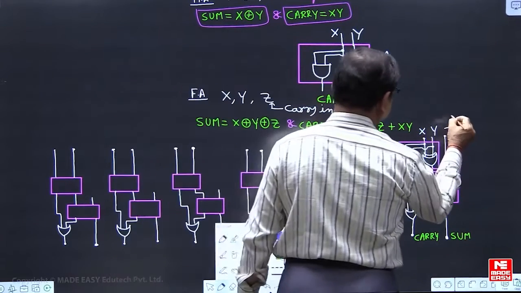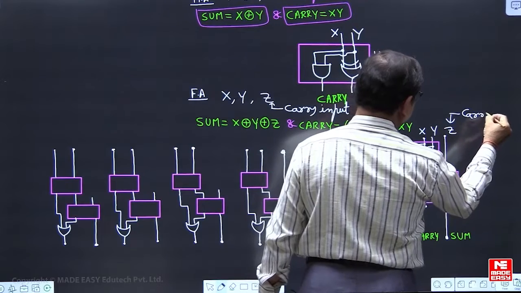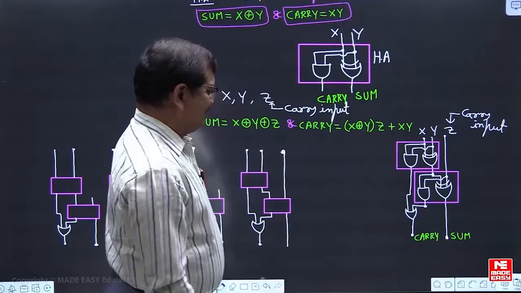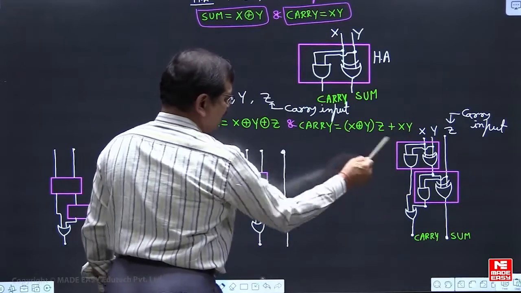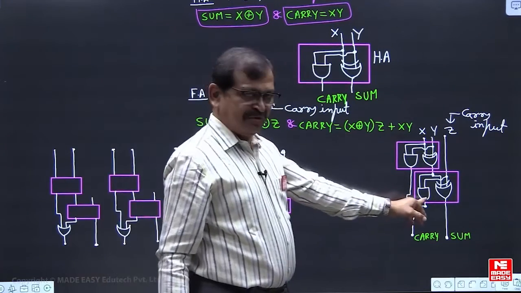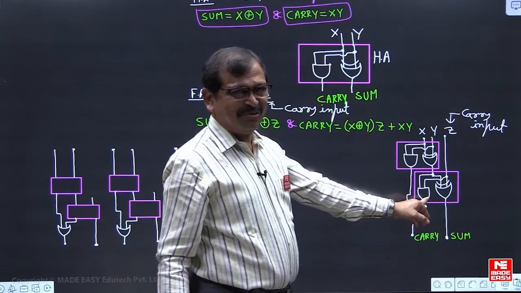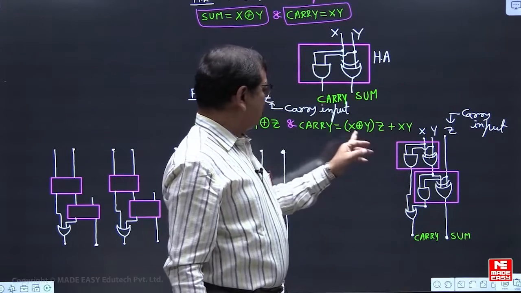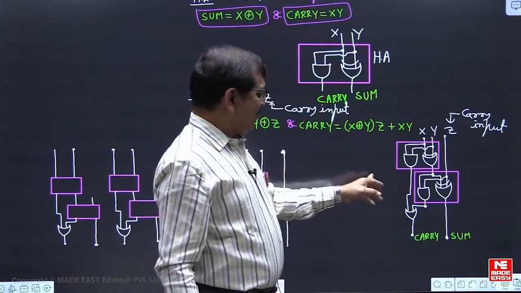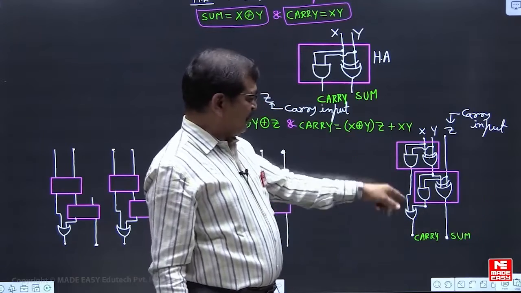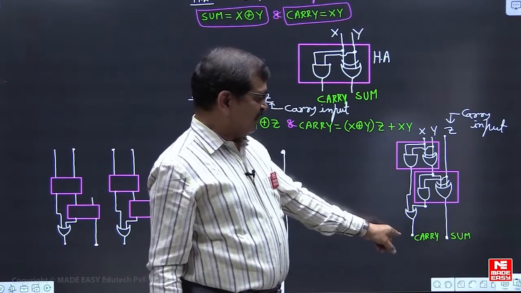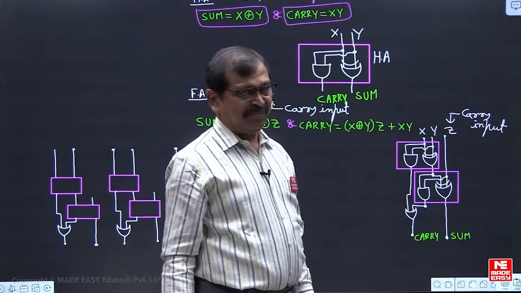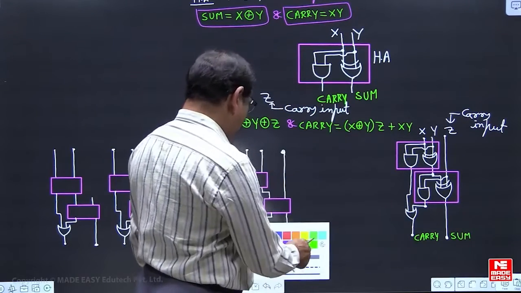So this product, (x XOR y) AND z, comes from the AND gate of the second half adder. The AND gate output of half adder 1 is x AND y. Now, the equation we want for carry needs an OR gate. So the OR gate output is (x XOR y) AND z, OR x AND y.